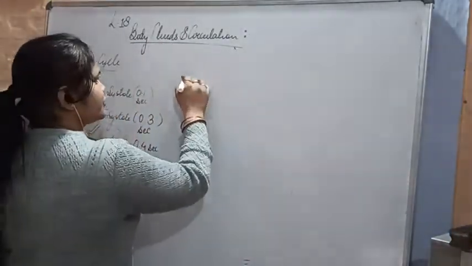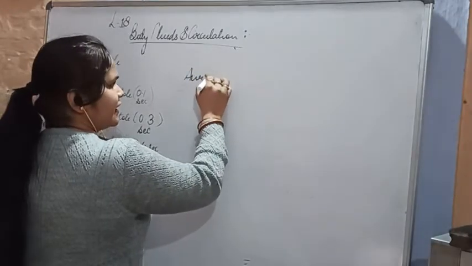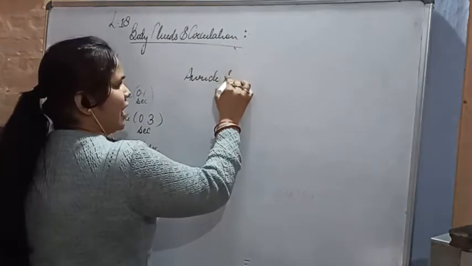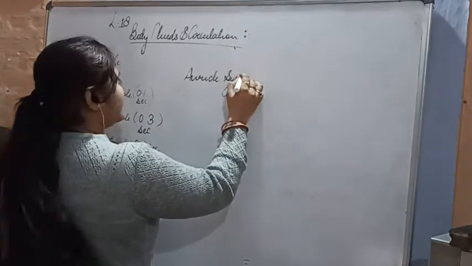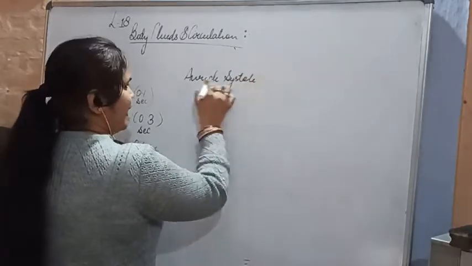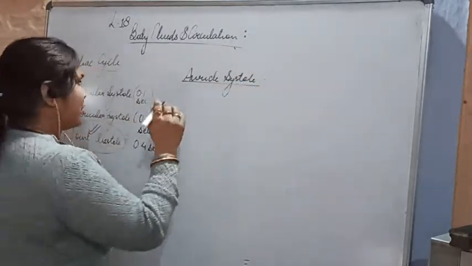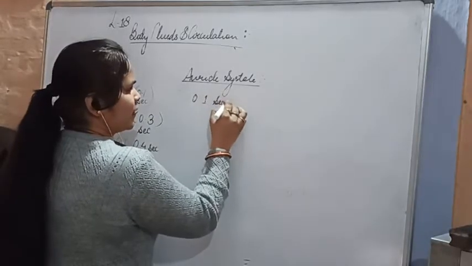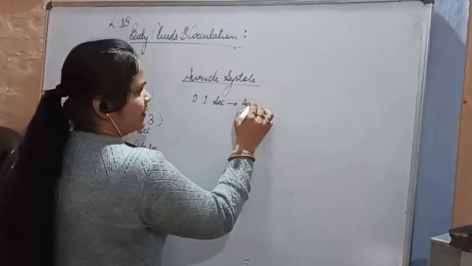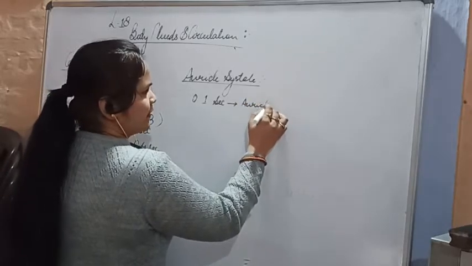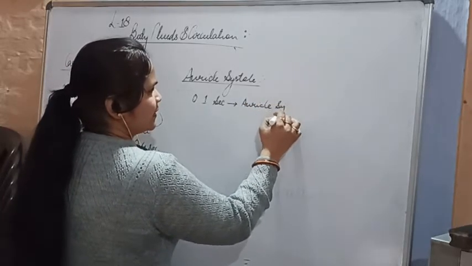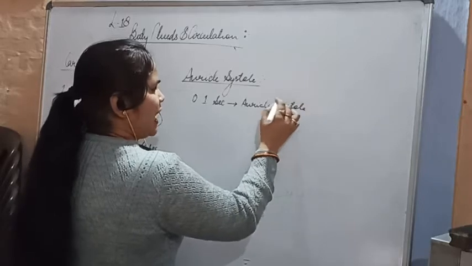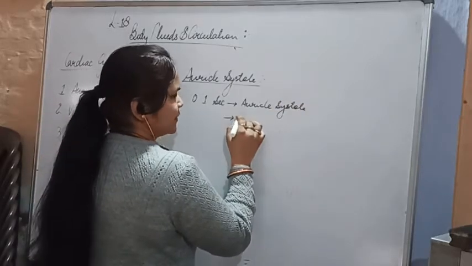It's a very interesting thing to calculate for how much time the heart parts are being contracted or relaxed. In auricular systole, the auricles are in the contracted state for 0.1 second. Now how much time are they going to relax?